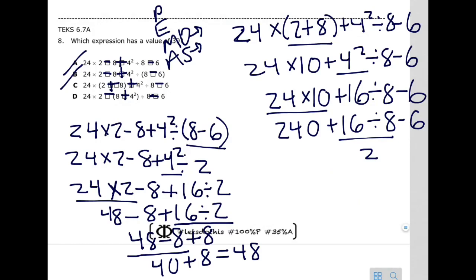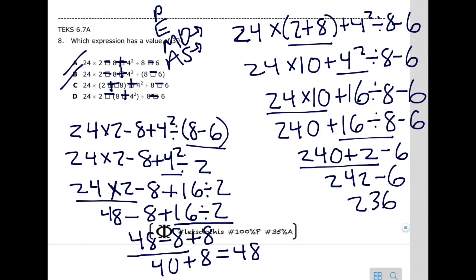I do division before adding and subtracting. Bring down 240 plus 2 minus 6. 240 plus 2 is 242, and 242 minus 6 is 236. I'm looking for 39, so it's not answer choice C.